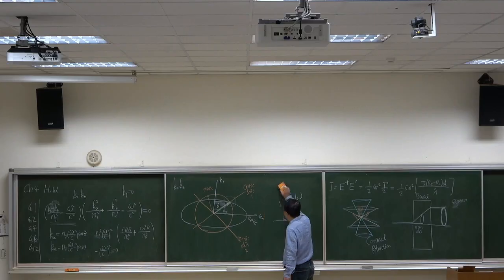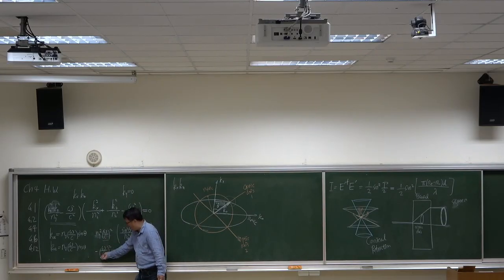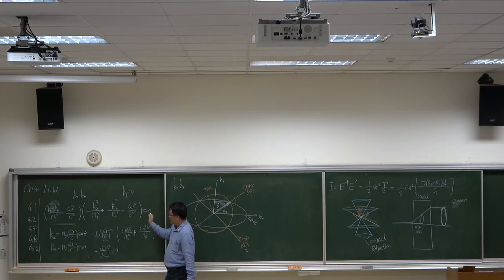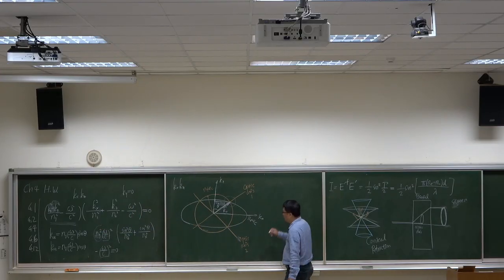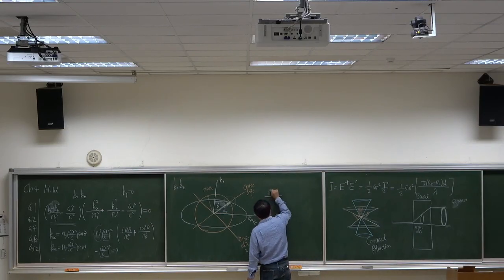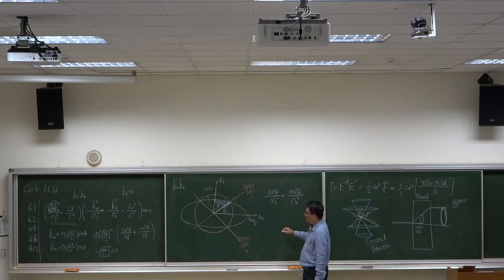So according to this result, we can ignore the same omega over c squared and divide this equation by ny squared. So we see that now we have sine squared theta over nz squared plus cosine squared theta over nx squared is equal to 1 over ny squared.